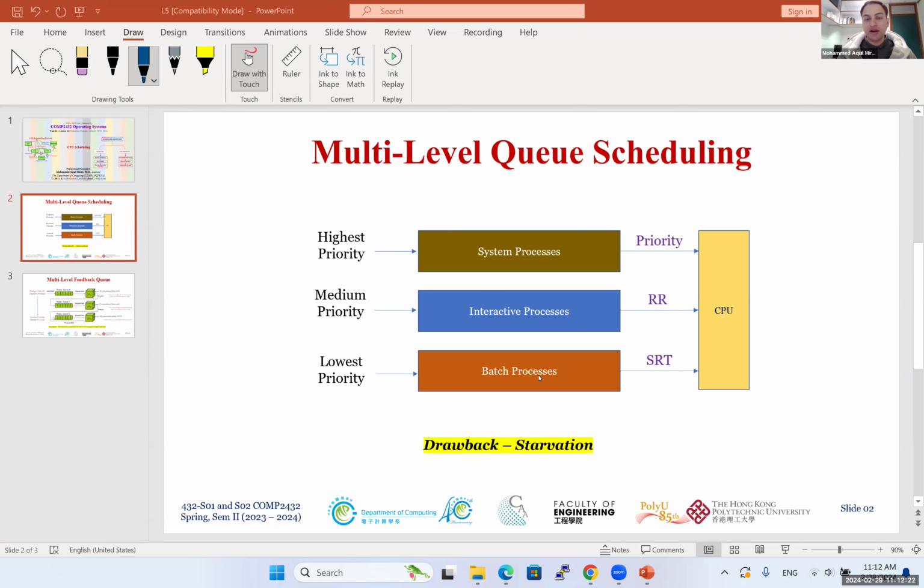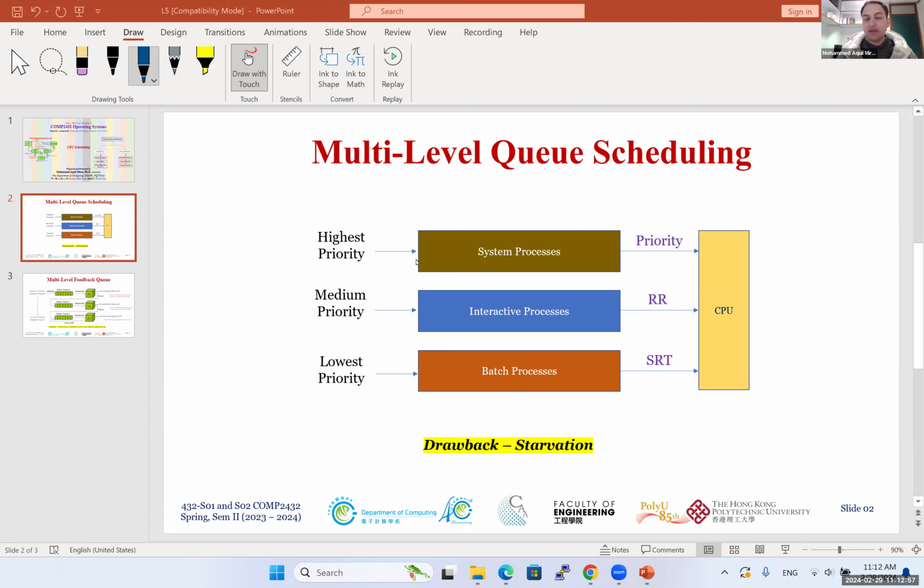And similarly, if there are any kind of processes that are background processes, or the batch processes, we will put it in the batch queue. Now, in this one, all these multiple queues that we have, the system processes actually have the highest priority. So whenever you have any process in this system process, these processes will be executed first than the batch processes which are in the bottom queue, which is having the lowest priority.